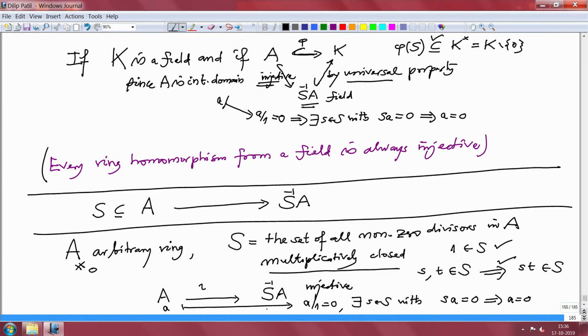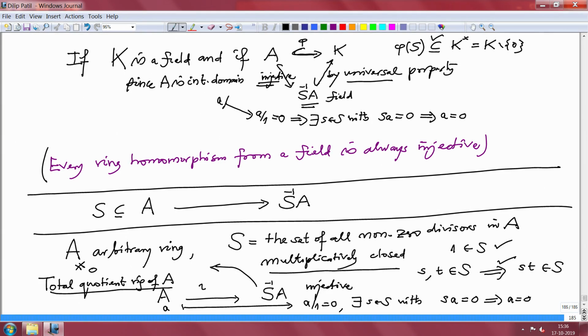And so in this case, like in the domain case, this ring S inverse A is called the total quotient ring of A, and that will play the same role as that of a quotient field when A is an integral domain.